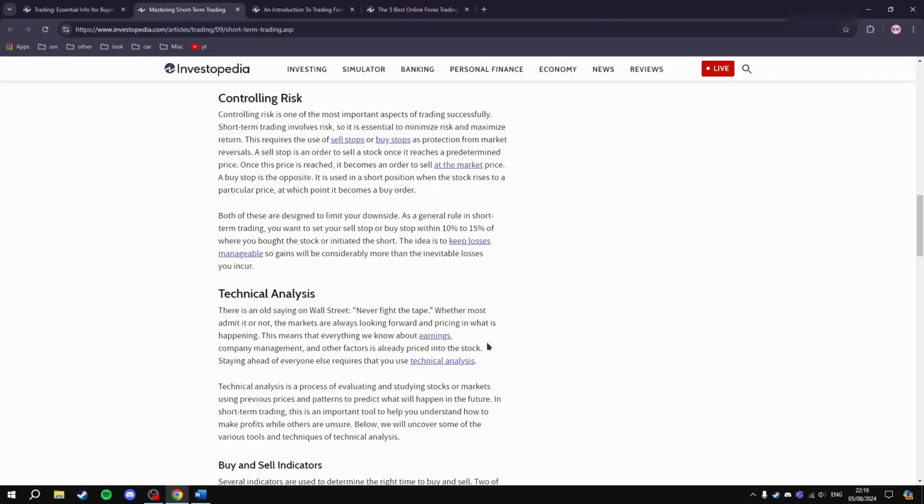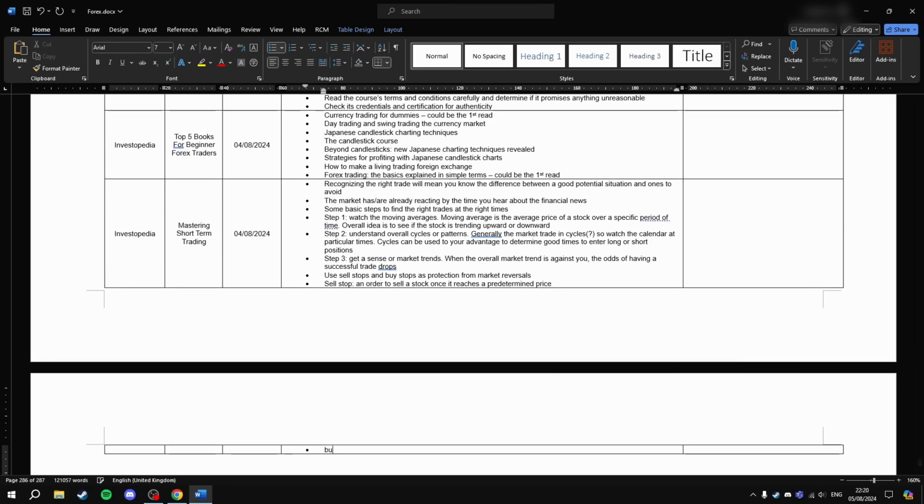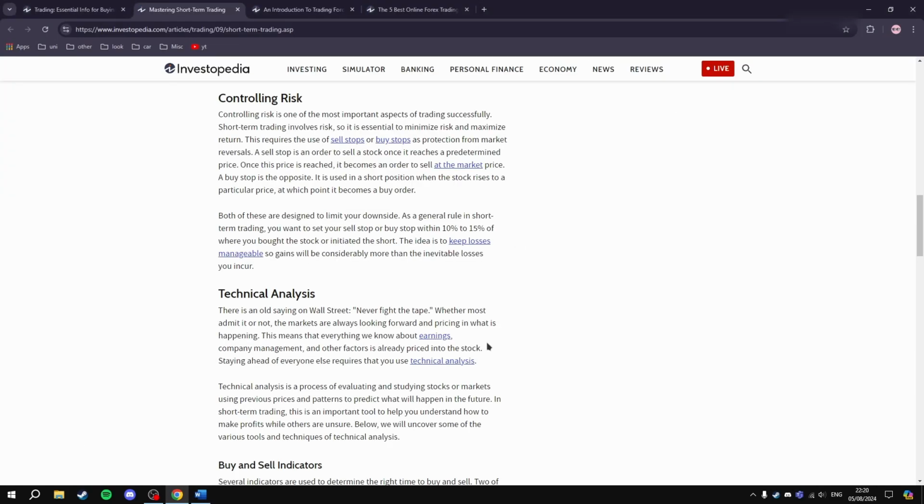Sell stop: an order to sell a stock once it reaches a predetermined price. Buy stop: when the stock rises to a particular price, at which point it becomes a buy order.